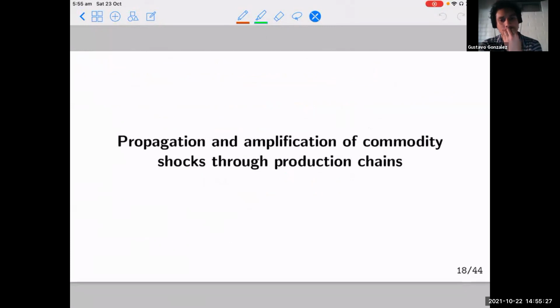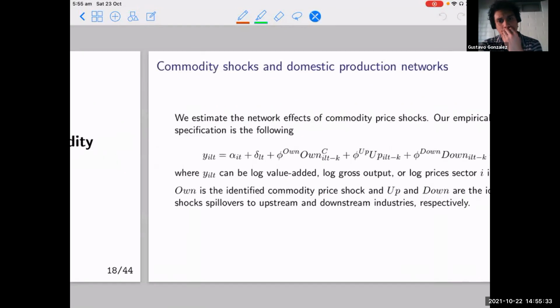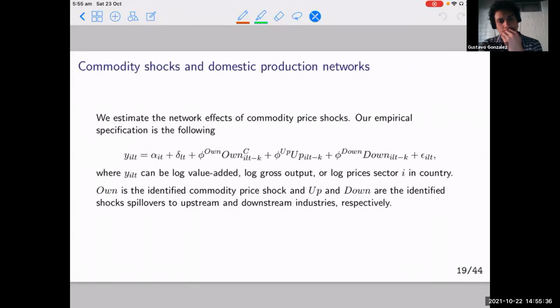So that's the intro. We still have 10 minutes; maybe I was too long on the intro. But now what we want to do is take these identified structural VAR shocks and see how they propagate and affect sectoral characteristics.